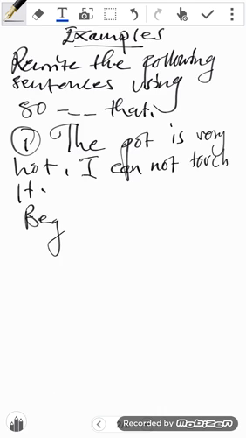And you'll be asked to begin the pot. Alright, the pot is very hot. I cannot touch it. So we all understand that we're writing the following sentences in so and that. But remember what I said. Identify the key words.